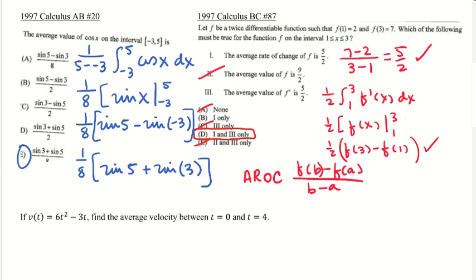And average value of the derivative is equal to 1 over b minus a times the integral from a to b of f prime of x dx, which I showed just above here is f of b minus f of a. So I'm going to actually change that: 1 over b minus a times f of b minus f of a. And we see that these are the same thing. Okay, so the average rate of change of a function is the same as the average value of its derivative.